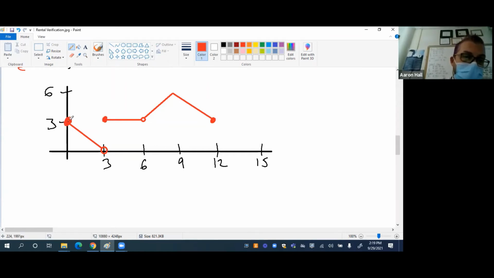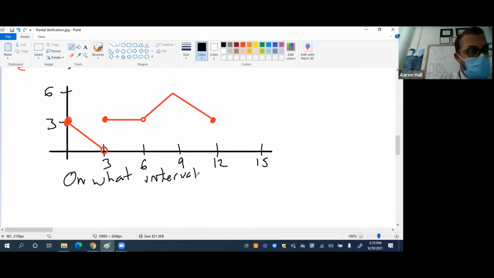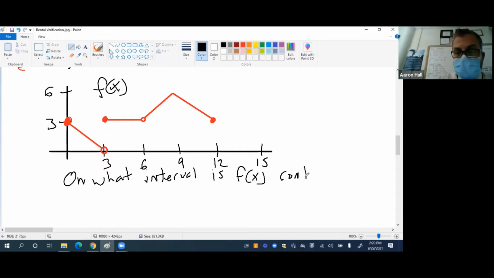So we have this graph here. Now, can you guys see where we have an open circle and closed circles? Is it obvious, or do I need to fill some of these in a little bit better? It's fine, okay. So say that my question is, on what interval is f of x, we'll call this our graph of f of x, continuous?